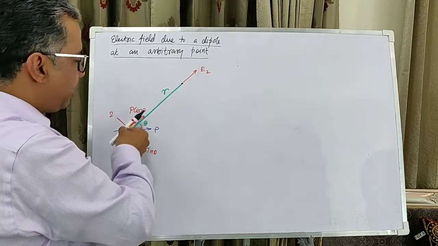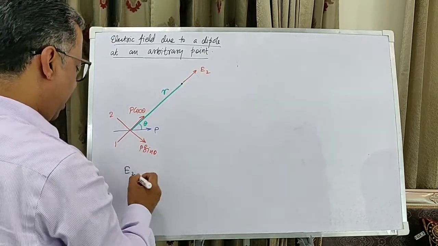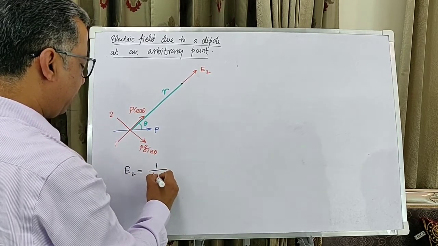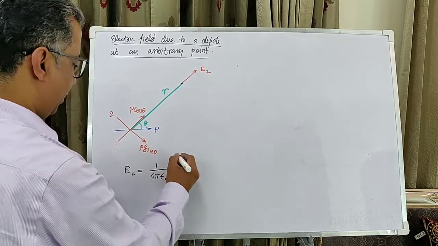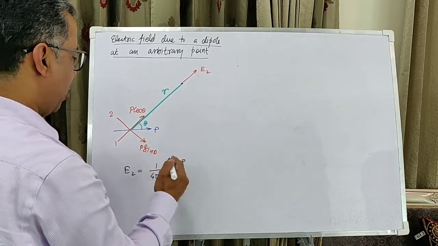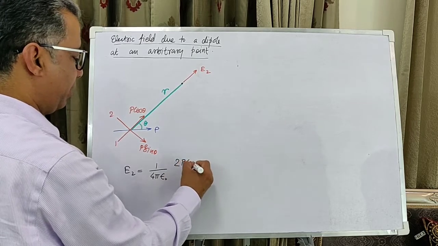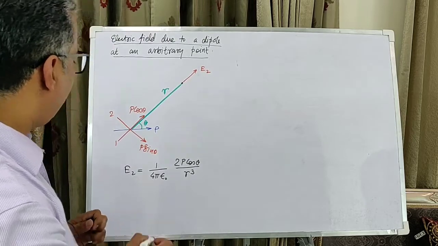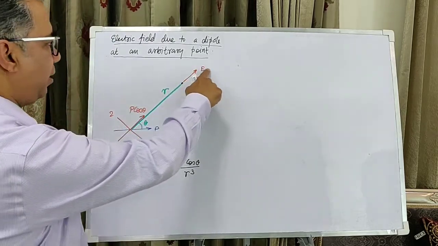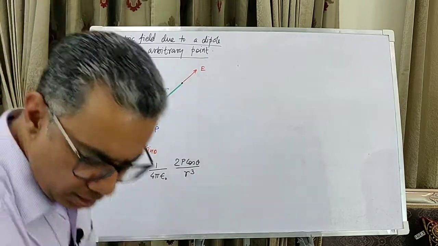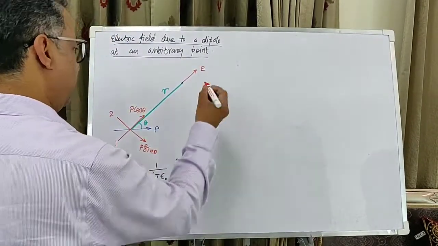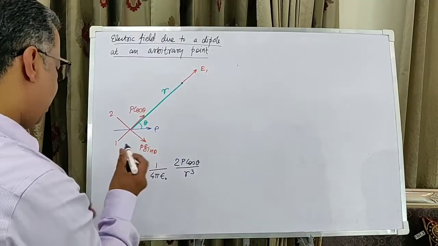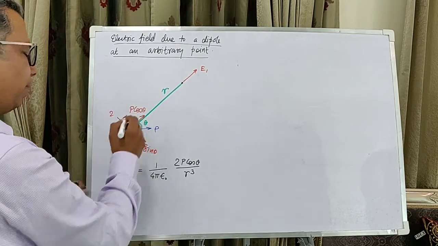So it's directed along the direction of the dipole, and it equals 1 by 4 pi epsilon naught, 2p, where in place of p I have p cos theta, by r cube, right? This is really E1 because it's due to dipole 1, so let's call it E1. So E1 is the electric field due to dipole 1.